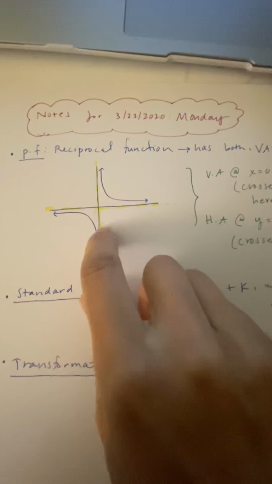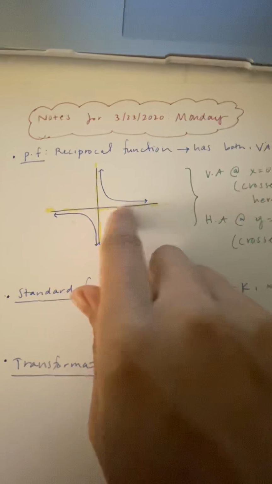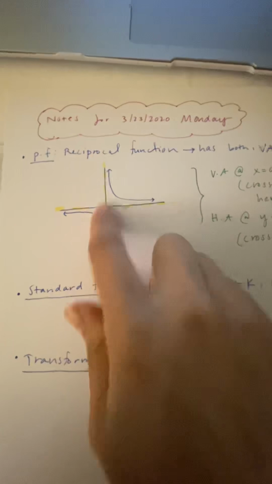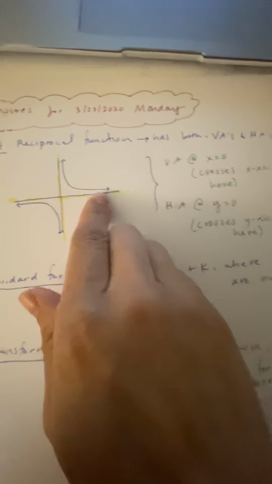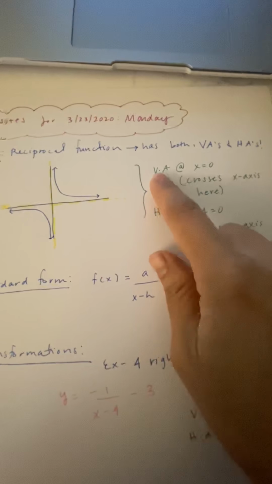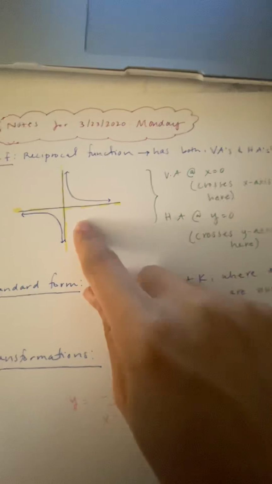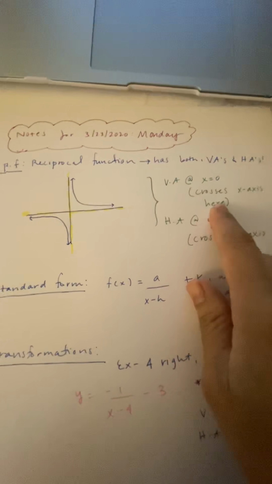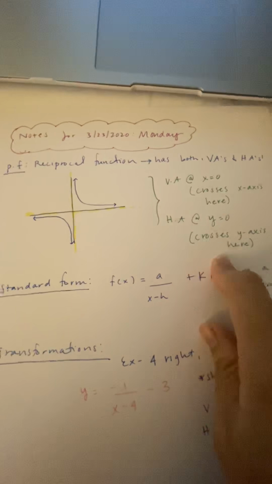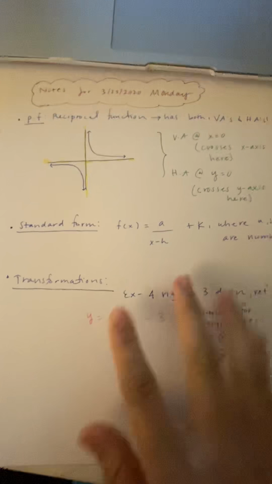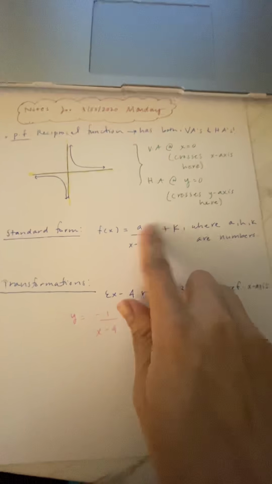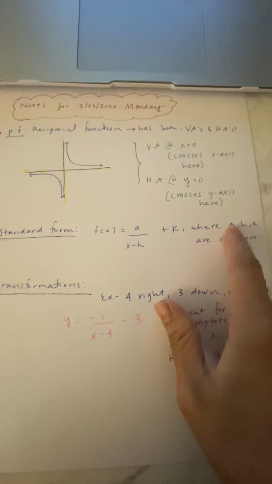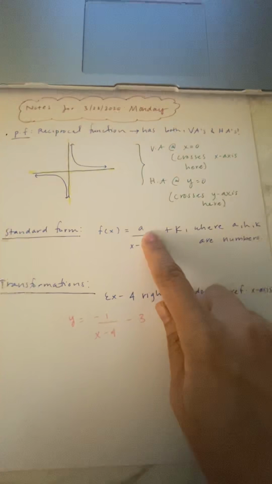The asymptotes, you guys can see that I highlighted in yellow. For reciprocal functions, you always have a vertical one and a horizontal one. Vertical, x equals, for the parent function is 0, and it's x equals because that's where you cross the x-axis, and likewise for horizontal, that is the regular parent function equation for it, where a, h, and k are all real numbers.